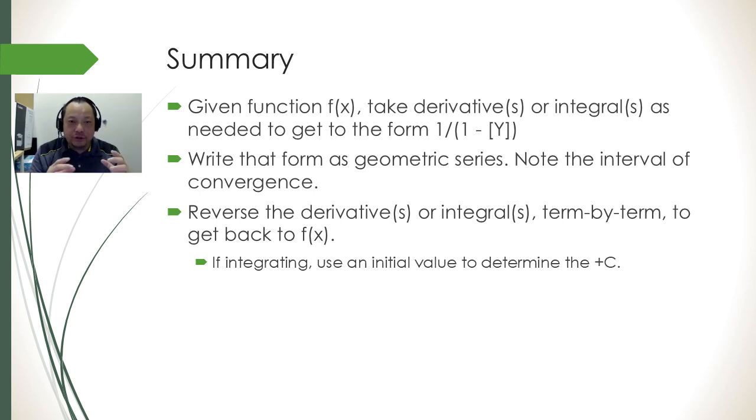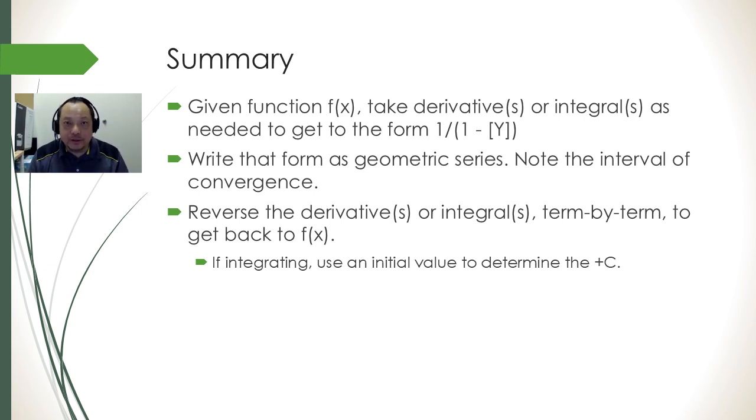So if we have our original function, such as the first example, ln, and we take the derivative of it to get to the form 1 over 1 minus something, then we start from that form. We back up by taking the integral to get back to ln term by term. And the reason why we are allowed to do term by term is because of that theorem.